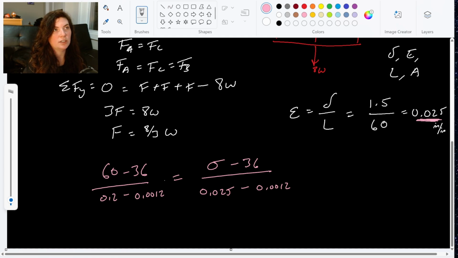Essentially what this does is it creates a slope for you to benchmark off of, and then you can use your benchmarking slope with the strain of interest, right? One of your points of interest, to back calculate the thing we're really interested in, which is this stress value here. So this is a process called interpolation, which you've probably seen in some of your other engineering classes, but in case you haven't, this is what it is. It's using this to find a point on a line when you are only given 2 points on that line.